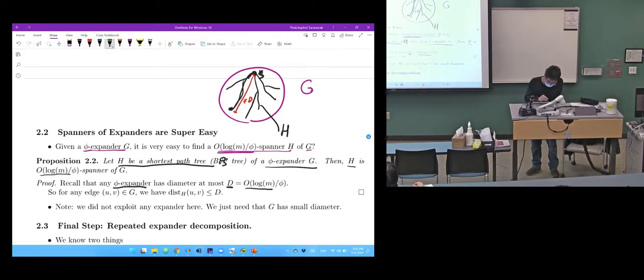It means that if you take any node here, just an arbitrary source node, maybe call it S, the distance inside H is going to be at most D too. So if you take any edge in G, let's say U here and V here, the distance inside H is going to be at most this thing plus this thing. So this is going to be at most 2D. Right? Just walk along the tree. But the tree just has small depth anyway.